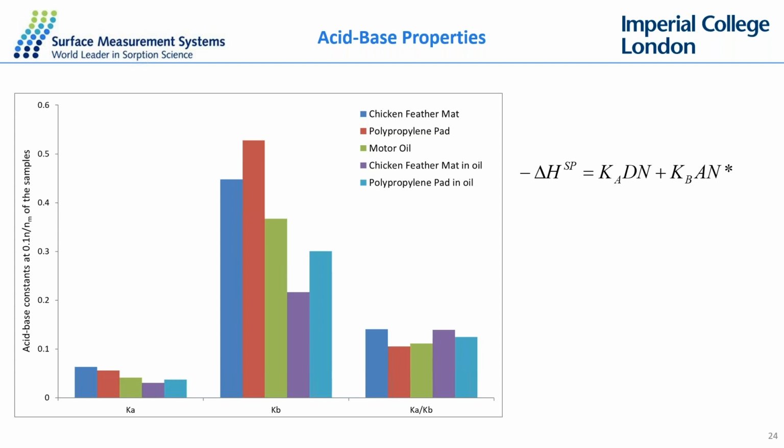It has more electron donating ability prevailing over the electron accepting. When the SC is greater than 1, it shows more acidic character. When the SC equals 1, it means that the surface is amphoteric. From our graph here, we see that the surfaces of the samples are more basic in nature. They possess higher concentrations of electron donating surface functional groups.